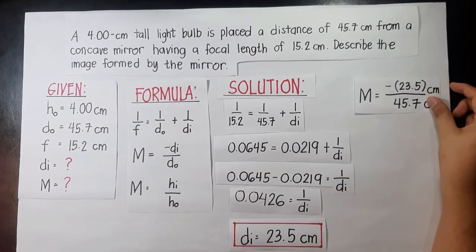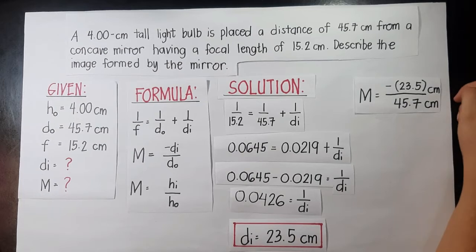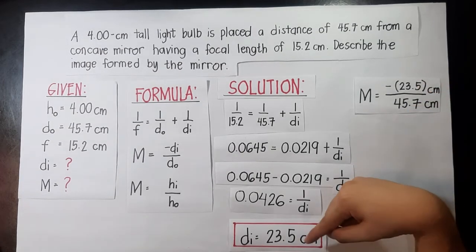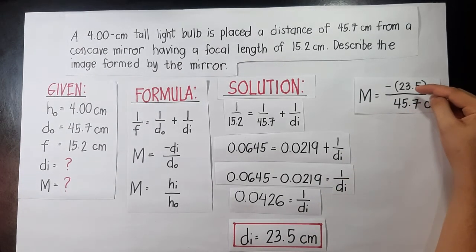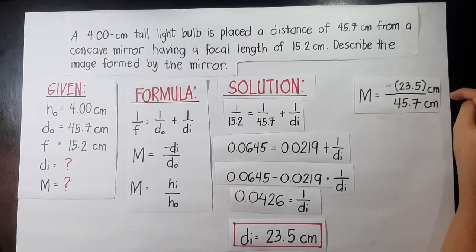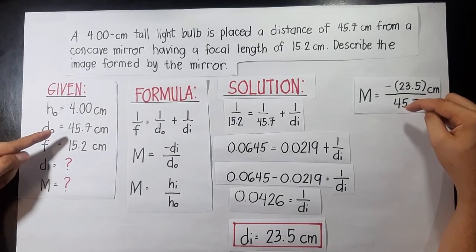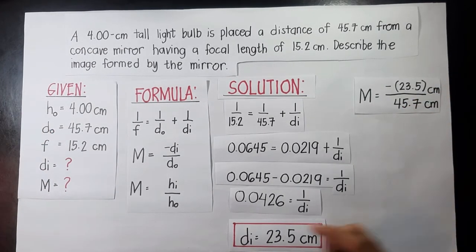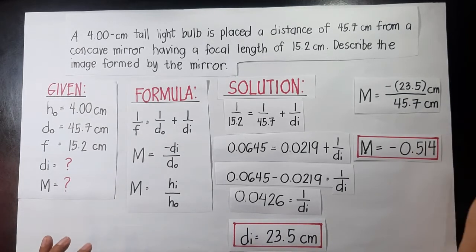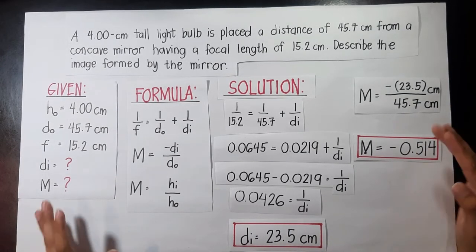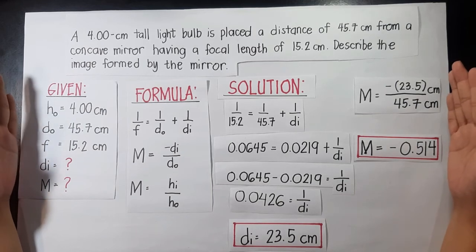So, for M, that is negative DI, the value of DI we got is 23.5 cm divided by the value of our DO, which is 45.7 cm, then that will give you an answer of negative 0.514. So, meron na tayong ganyang answer at kumpleto na tayo sa mismong formula natin.